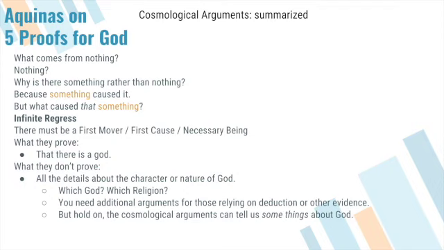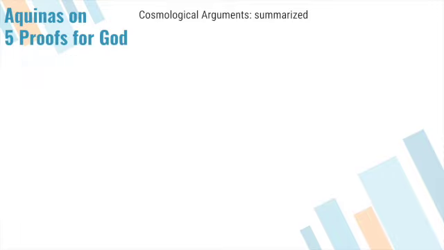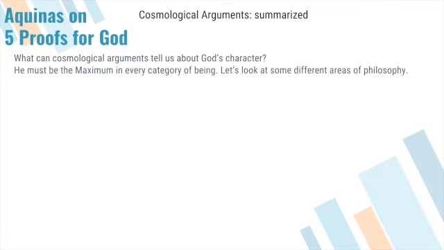But hold on. The cosmological arguments can tell us some things about God, especially as we think about the maximum, if God is the maximum perfection of everything, right? What can cosmological arguments tell us about God's character, right? He must be the maximum in every category of being. Let's look at some different areas of philosophy, right? Ontology.